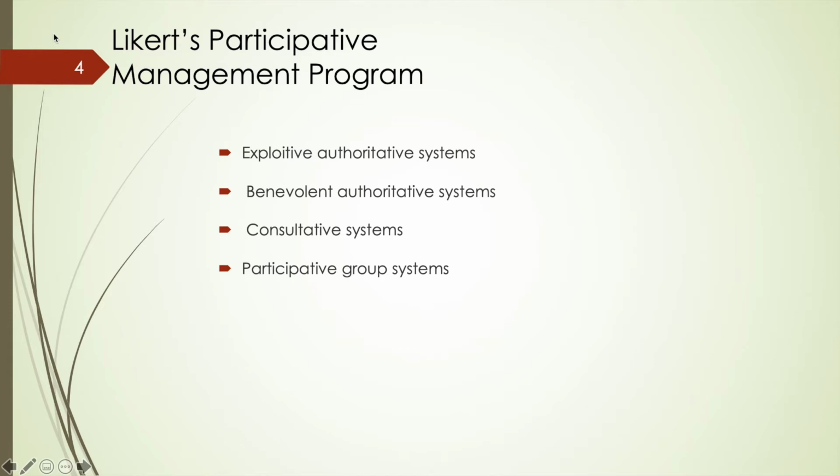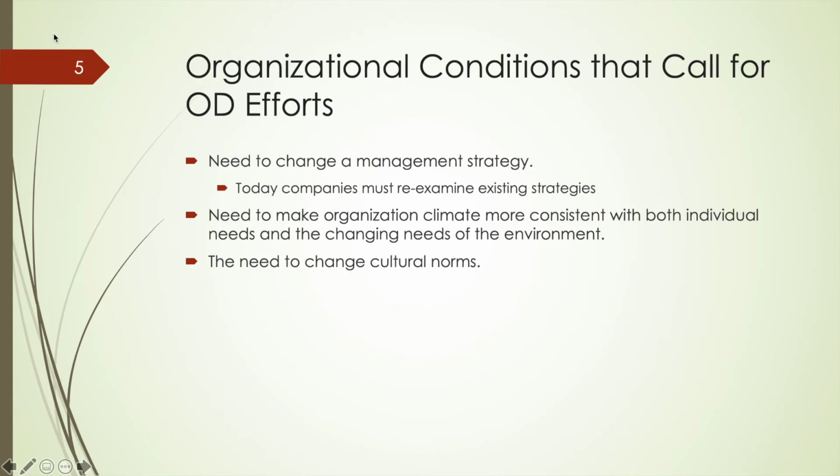And then participative group systems, this is what we see today or are trying to get to today, and that is empowerment, employee decision making, and so forth. So really what you see here with Likert is a progression of what he found evolving in the workplace from autocratic, authoritative, to the more participative group systems.